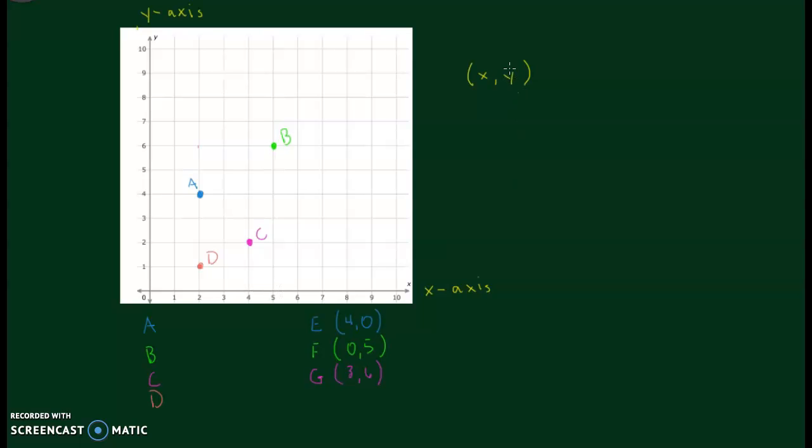And the y shows us how much we go up or down on the y-axis. And all of those points are in relationship to the origin. The origin is this portion right here, and the coordinates of the origin are 0, 0.